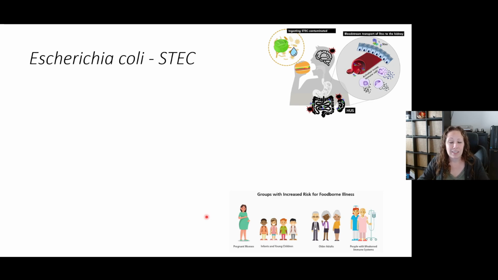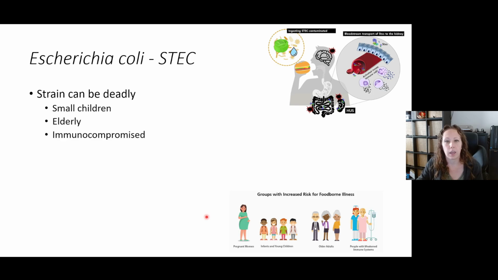The strains of STEC can be deadly, particularly for small children, the elderly, and immunocompromised individuals. I believe I've talked about this before, way back at the beginning of the year.